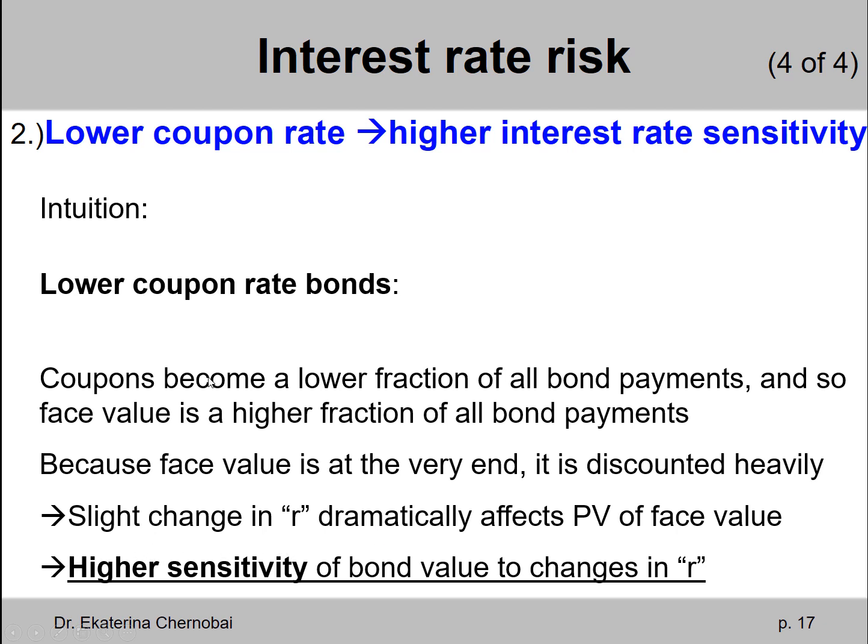And so a bond with a lower coupon rate will fluctuate in its value a lot more when interest rate changes. So we observe a higher sensitivity of bond value to changes in the interest rate.